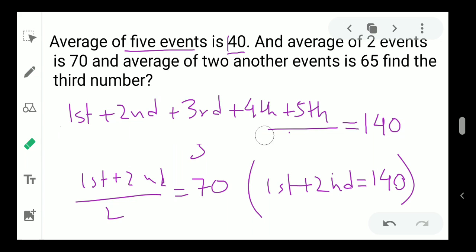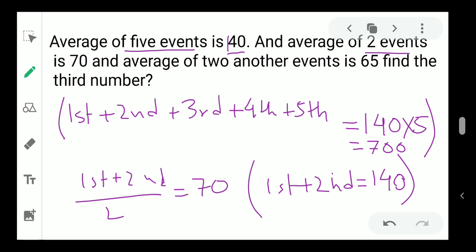So the total of all the 5 events will be this into 5, right? That we can easily find out. It would be 700, I think. Okay, so the total of all 5 events we got, and the total of these 2 events we got.